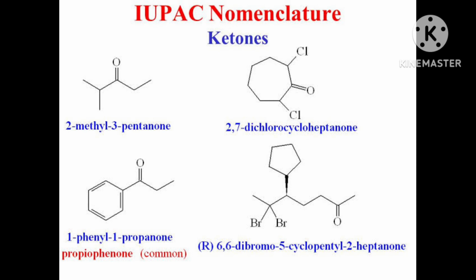Then alpha-methylcyclohexanone, a very easy name. Alpha with respect to the CO carbon is the next position, in that a methyl group is attached. Finally, it is a ketone, that is sure, because CO is there.